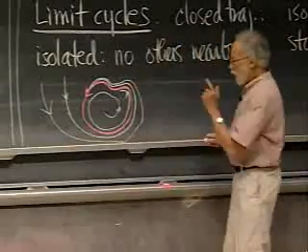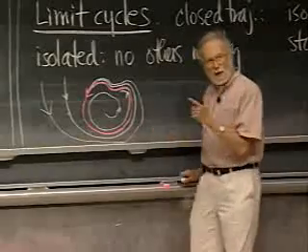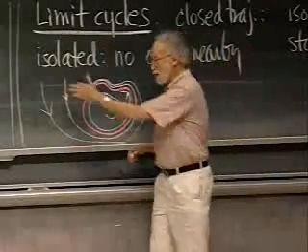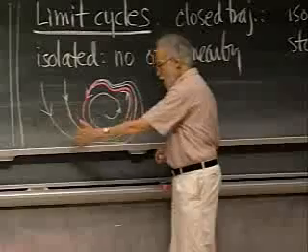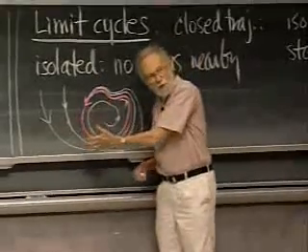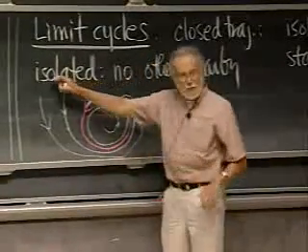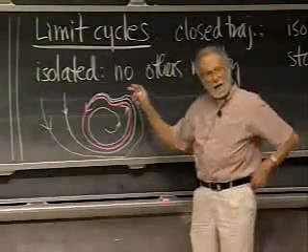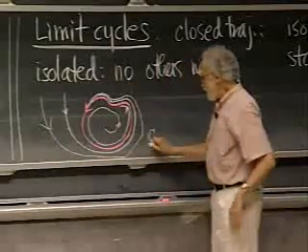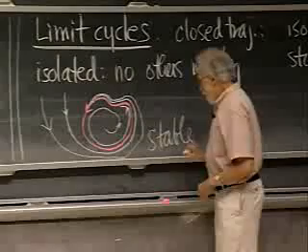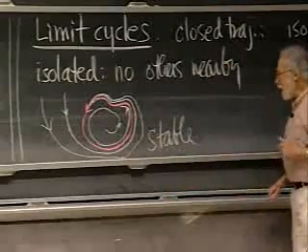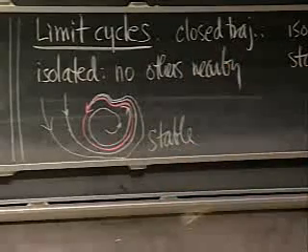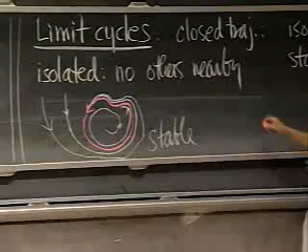That's what I mean by stability. Stability means that nearby guys, the guys that start somewhere else, eventually approach the limit cycle, regardless of whether they start from the outside or start from the inside. So that's stable. An unstable one, I'm not calling it a limit cycle if it's unstable. I'm just calling it a closed trajectory.